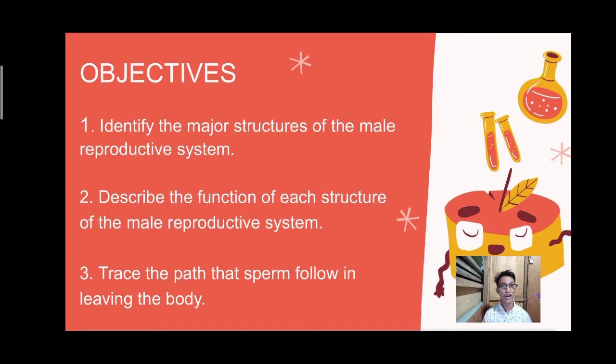At the end of our 1 hour lesson, students, you're expected to identify the major structures of the male reproductive system, describe the function of each structure, and trace the path that sperm follow in leaving the body. These are the three objectives that need to be observed in our discussion today.